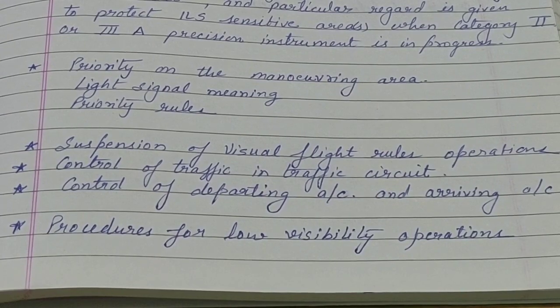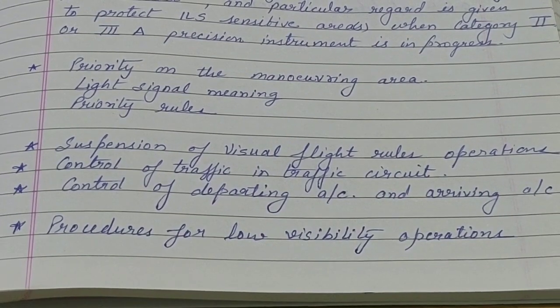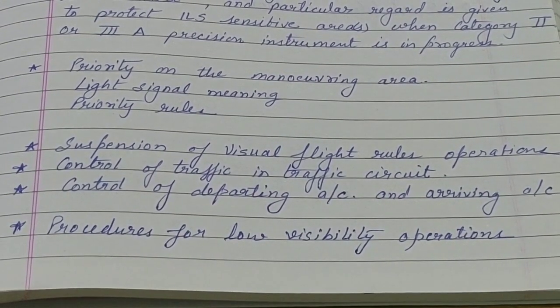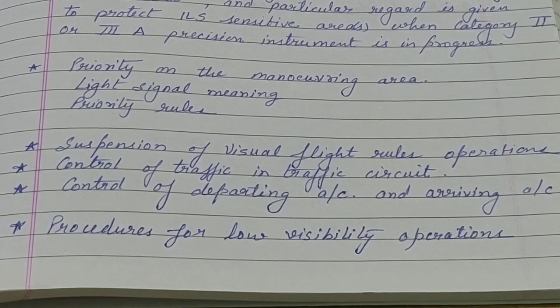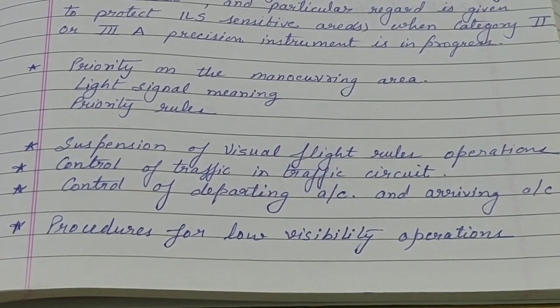This is an important one. Departing aircraft will not normally be permitted to commence takeoff until the preceding departing aircraft has crossed the end of the runway in use, or has started a turn, or until all the preceding landing aircraft are cleared of the runway in use.